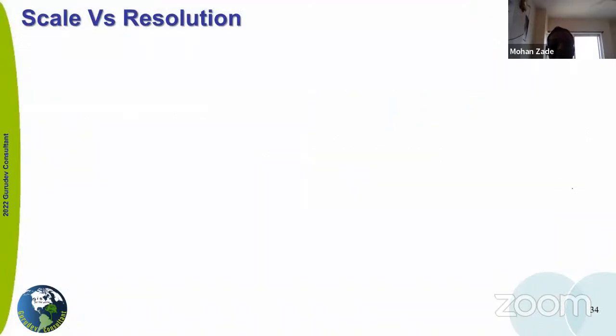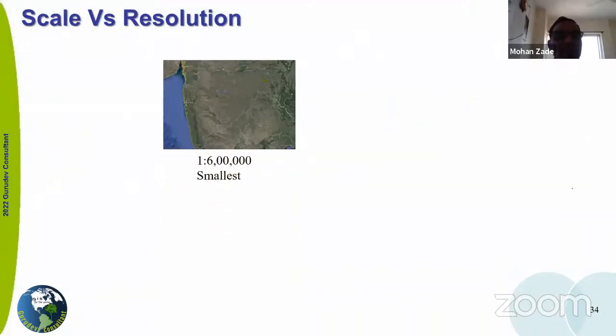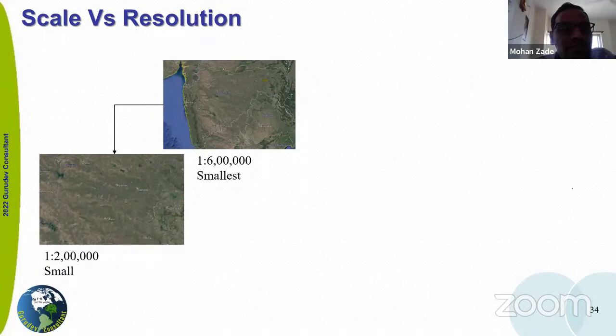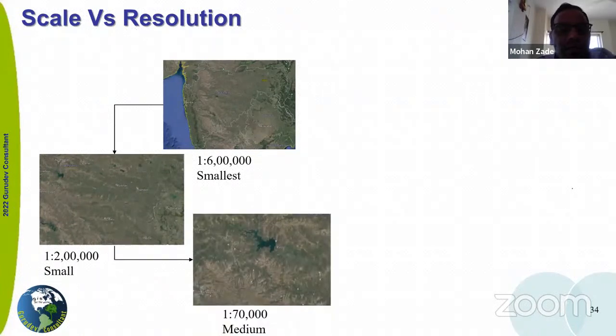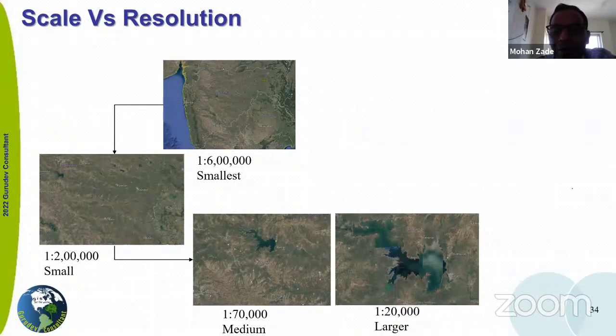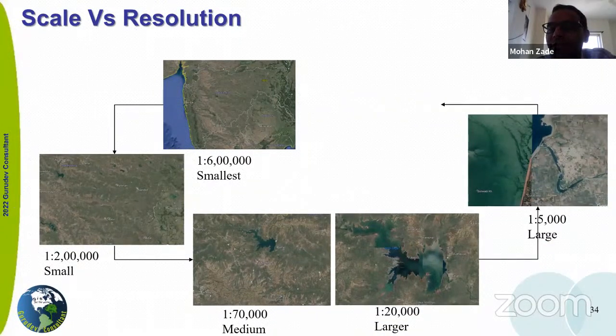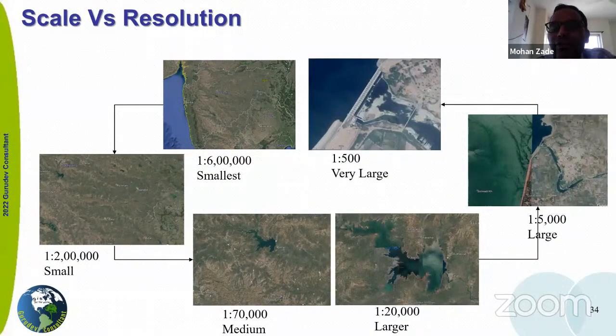Now, scale and resolutions. What is the difference between scale and resolutions? I will just give one small example to understand this. If you have a map of 6 lakh, it is the smallest one. Then if you have a map of 2 lakhs, a small scale. Then you have a map of 1:70,000, 1:20,000, larger scales, then 1:5,000, and then 1:500, very large.